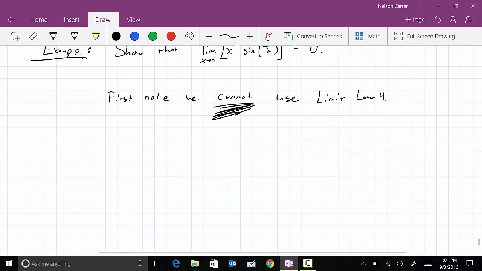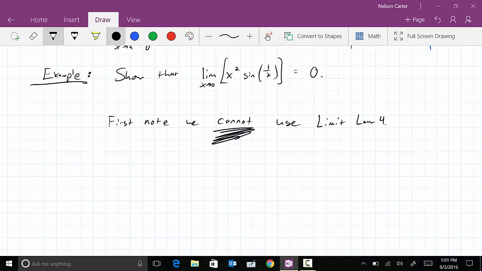In other words, it's not true to say that the limit as x approaches 0 of x squared times the sine of 1 over x is equal to the limit as x approaches 0 of x squared times the limit as x approaches 0 of the sine of 1 over x.